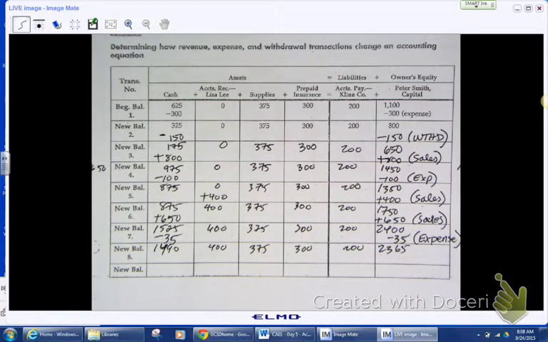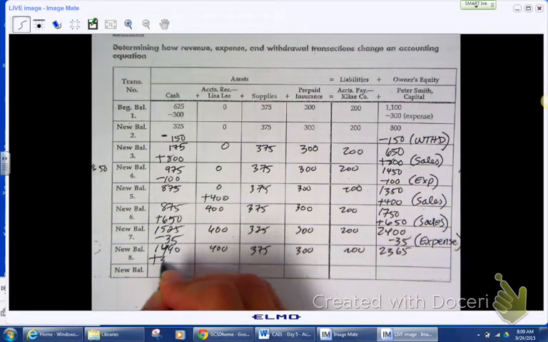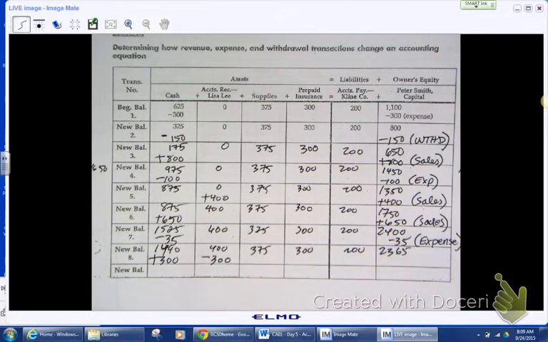Sorry, my two Rachels next to each other. Okay. So received cash on account from Lisa Lee, $300. What are my two accounts that are affected? Add 300 to cash. Good. Subtract 300 from accounts receivable, Lisa Lee. Good. Excellent.